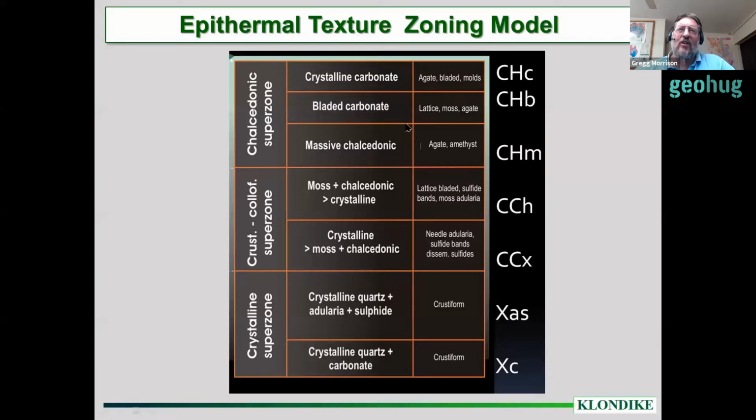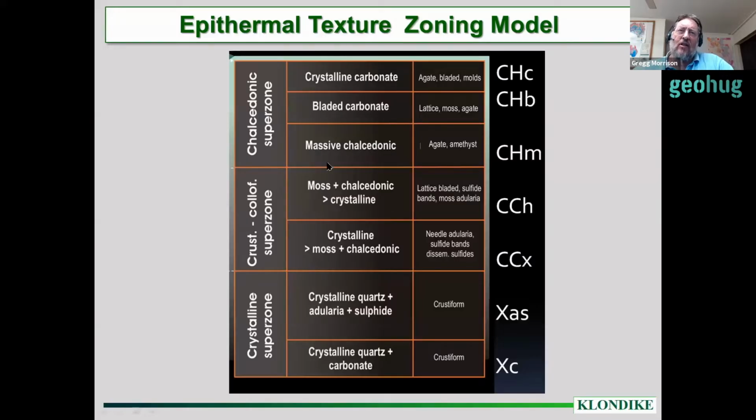For example, in the chalcedonic zone, you get carbonate in various forms commonly associated with the chalcedony. And as you go down in the chalcedonic zone, it becomes more and more banded and more recrystallized. So the subtle changes allow you to define internal subzones in some way or another.